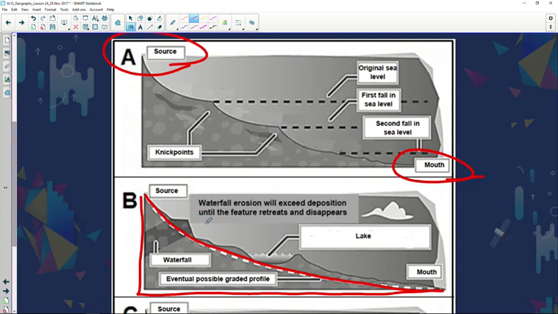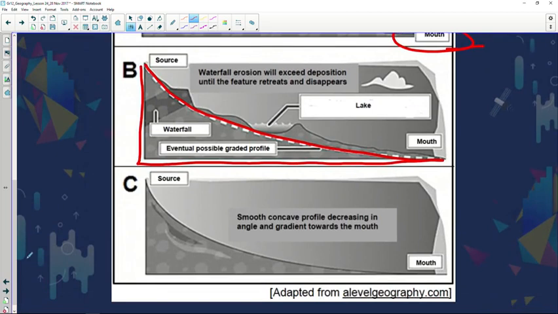If you look at the information given to us, there's a drop in sea level, definitely. If you look at the sea level, it drops over here in source A. At B, waterfall erosion will exceed deposition, so there's a lake that exists because of that. And there you see source, a beautiful longitudinal profile, a concave profile with only permanent base level of erosion.